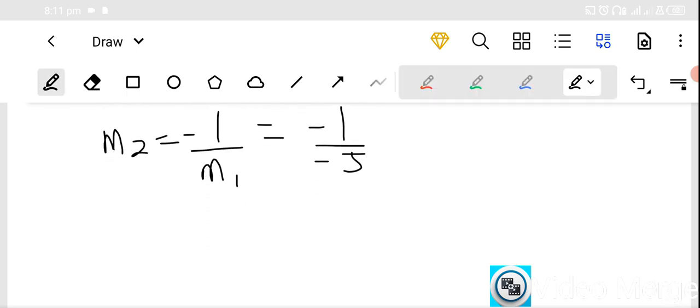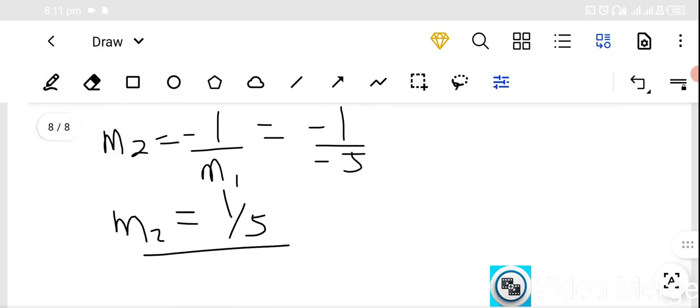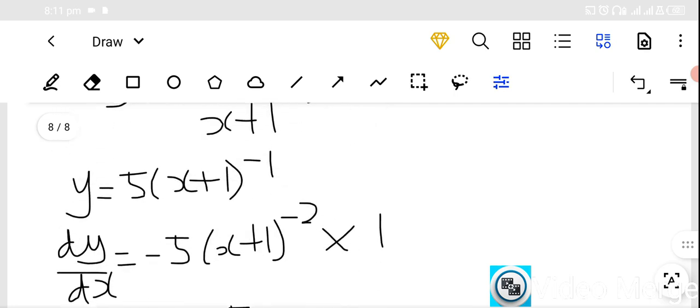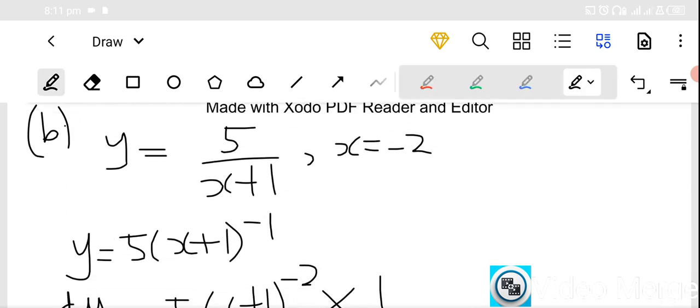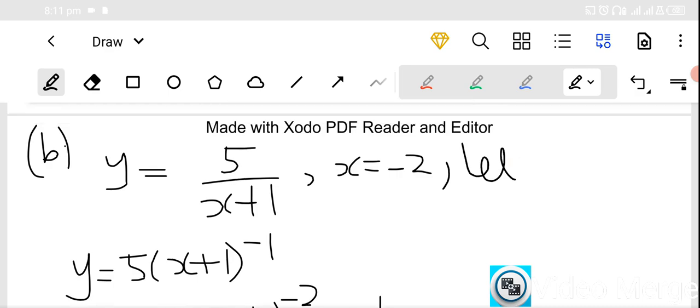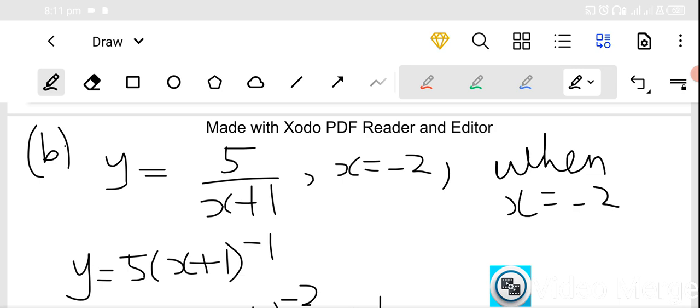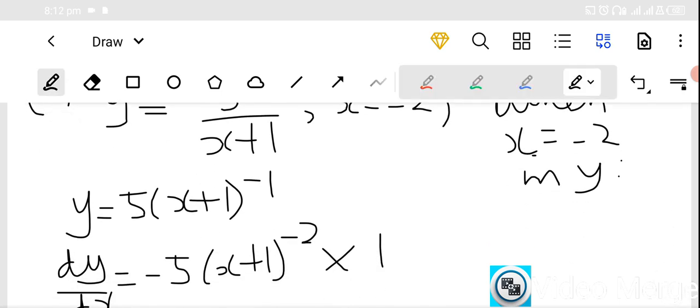So m2 would be equal to 1 divided by 5, so positive 1 divided by 5. Then we would go back to the top. Let's say when x is equal to negative 2, y is equal to 5 divided by negative 2 plus 1.